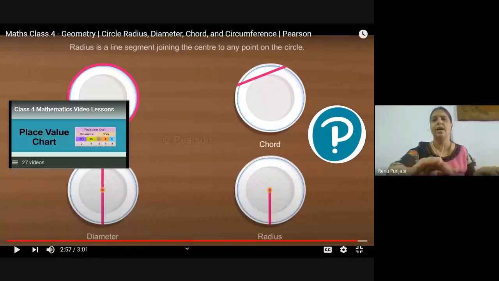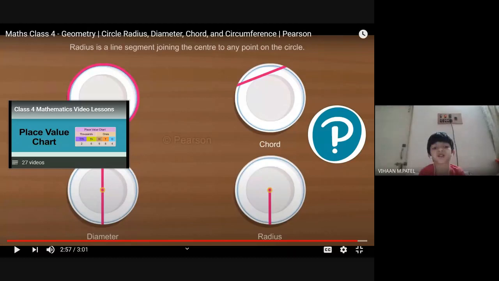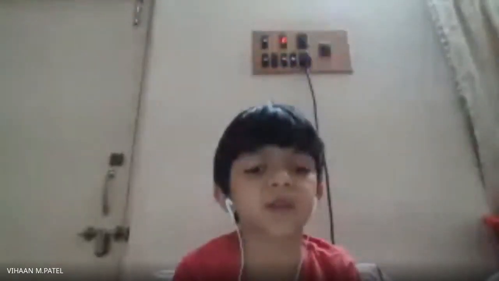Ma'am, can I ask you something? Yes, tell me, Vihan. Ma'am, if my diameter is 13.5 centimeter, then how much my radius will be? When you divide 13.5 with 2, what you will get?